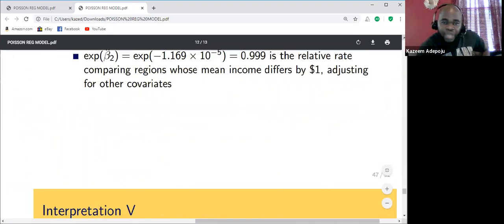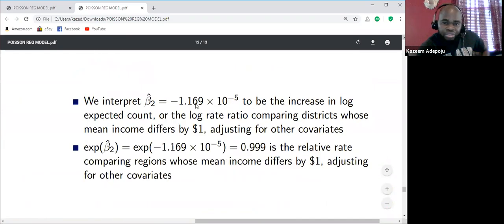Okay, so for the beta 2, you're going to do the same. Look at the beta 2. We interpret beta 2 to be the increase in the log expected count or the log rate ratio comparing districts whose mean income differ by $1, adjusting for other covariates.